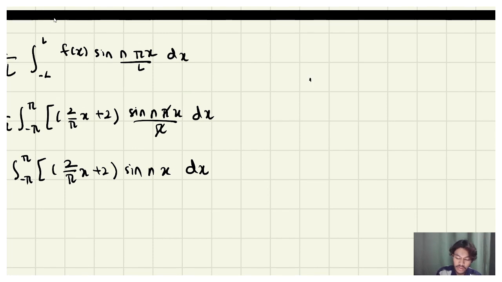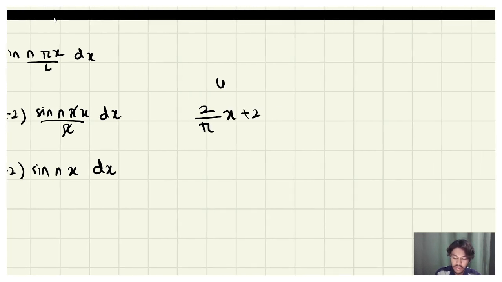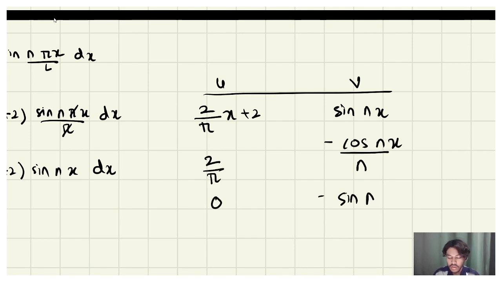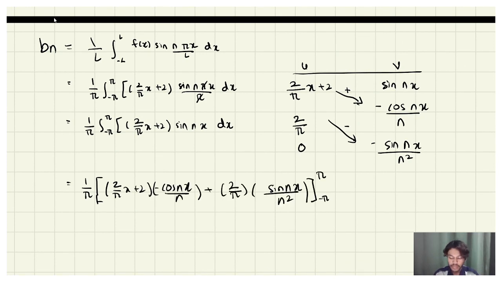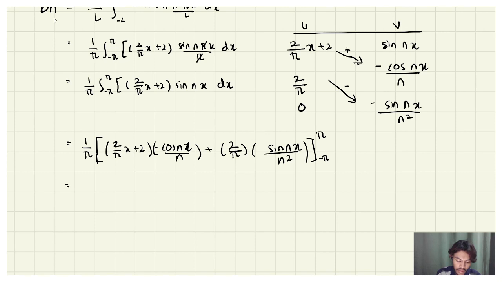So for the differentiate column, we will use the equation 2 over pi x plus 2, and to integrate, we will use sin nx. So the negative and negative will be positive, so there will be no negative over here. Then we will solve this equation. First of all, we plug in pi for x.